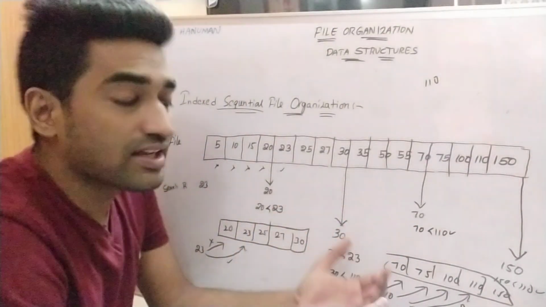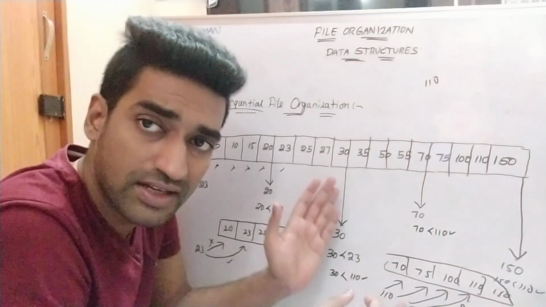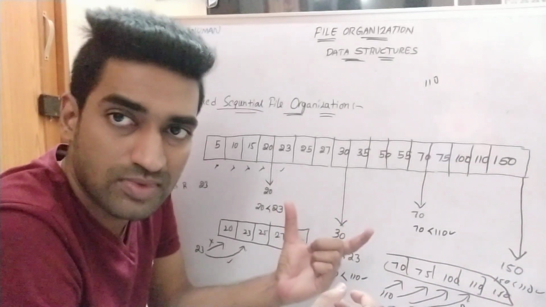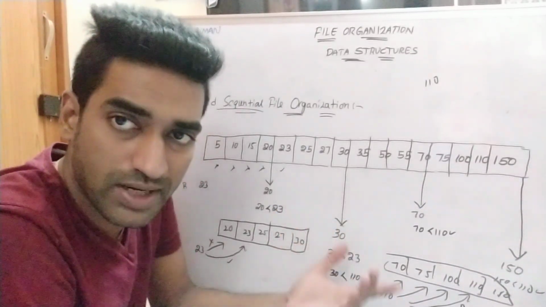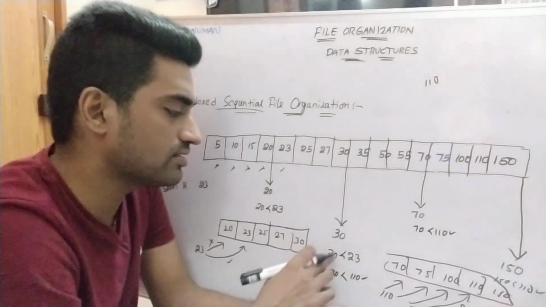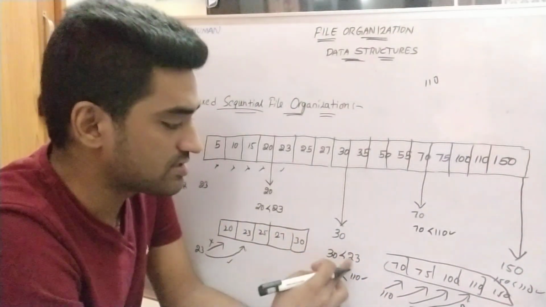So here we are comparing the higher index value, then the lower index value. Then we consider one group, and in that group we apply the sequential search process. We can find the desired record. Now I want to search the record 23. 30 less than 23?